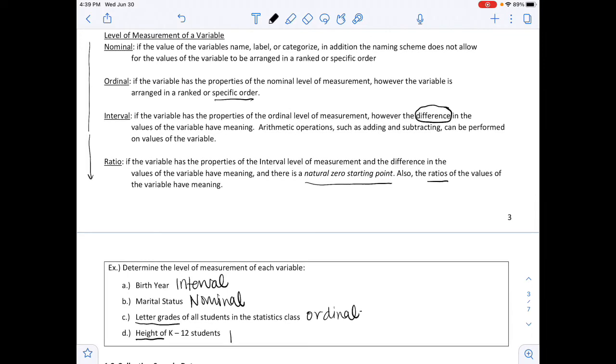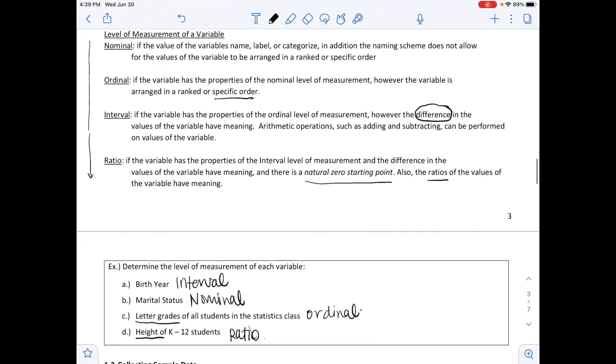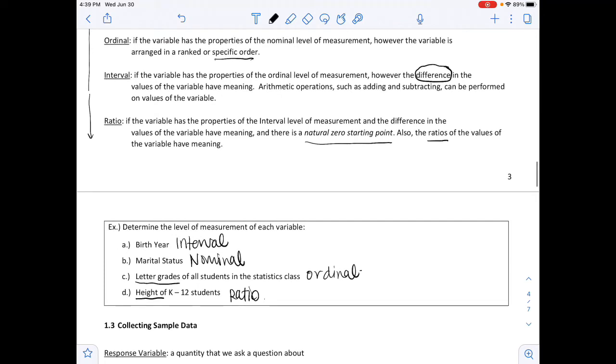Because of this, we have an example of ratio. It also says a natural zero starting point, which, since we're dealing with heights, a height of 0 would be your starting zero value.